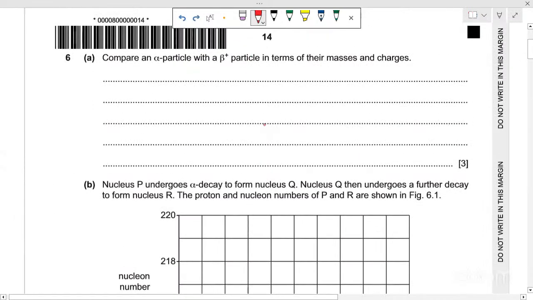So you can read the statement of the first question. Compare an alpha particle and beta positive particle in terms of their masses and their charges.